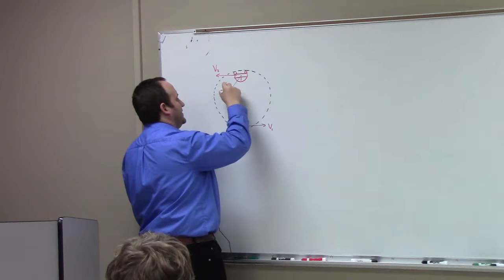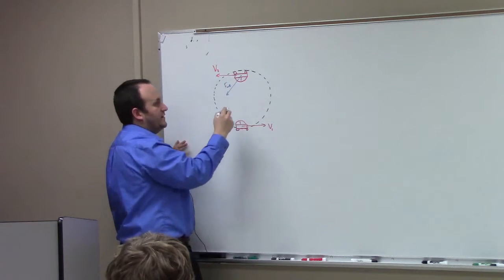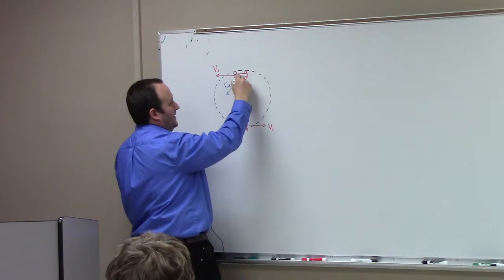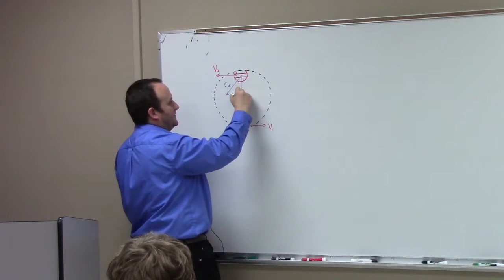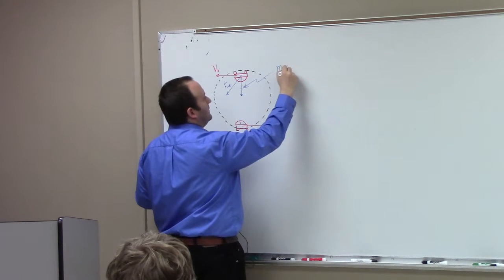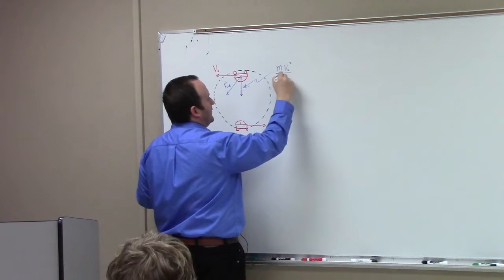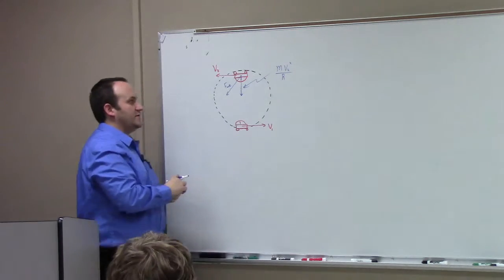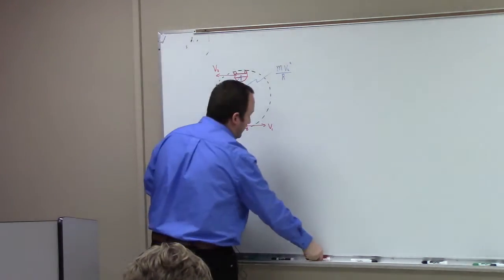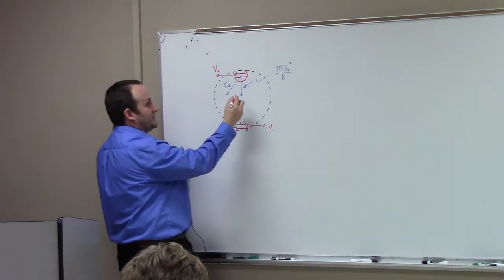The net force could be like that. That's possible. All right, but this component of it, that's not up for grabs. If it's going in a circle, this component has to be mv squared over r, where r is the radius of the motion. That part of the force, the center-seeking part, has to match that by calculus.